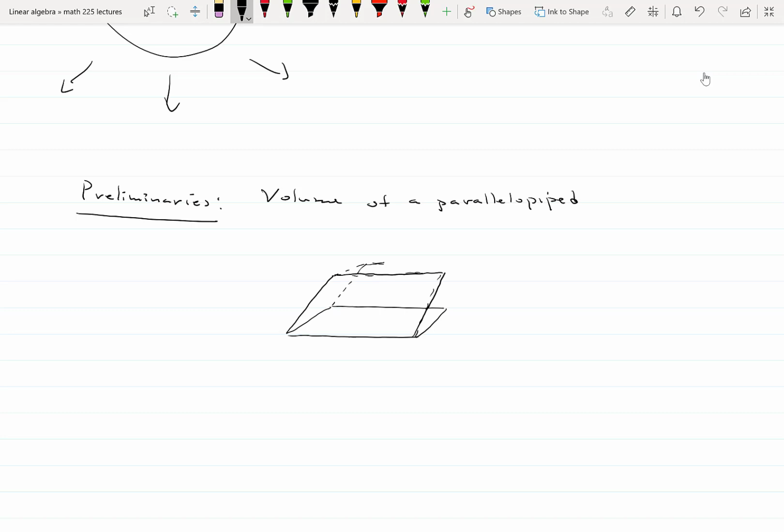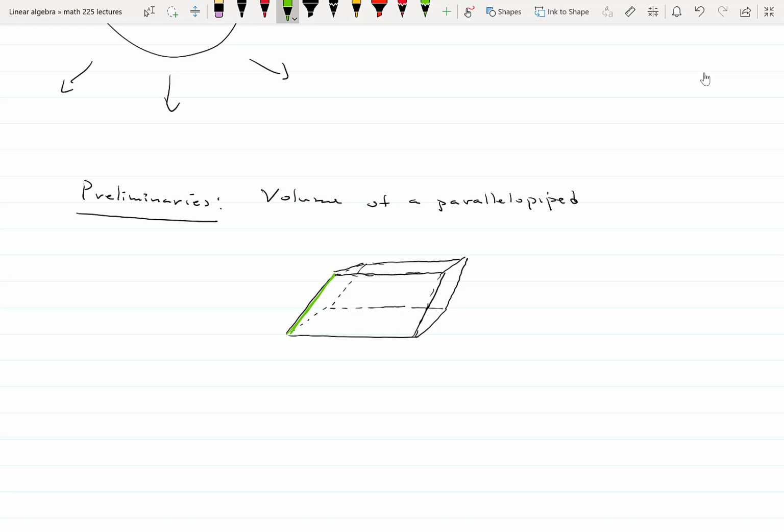The inside should be dotted. That's okay. I should dot those, huh? That's a little better.